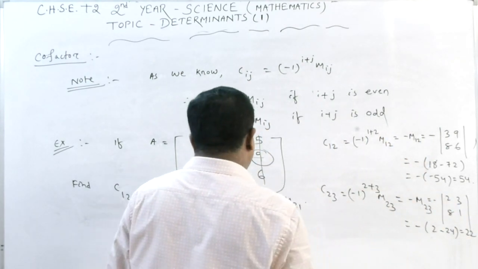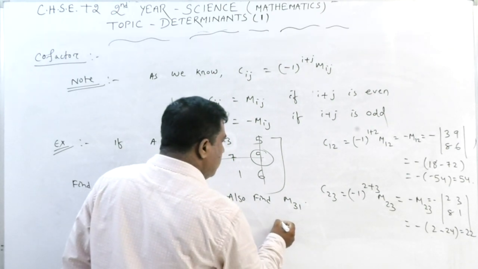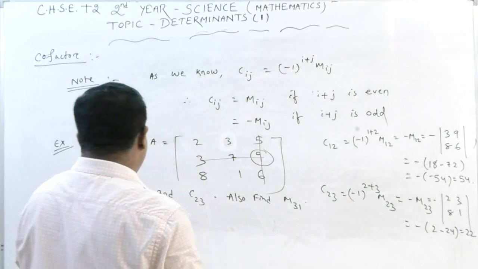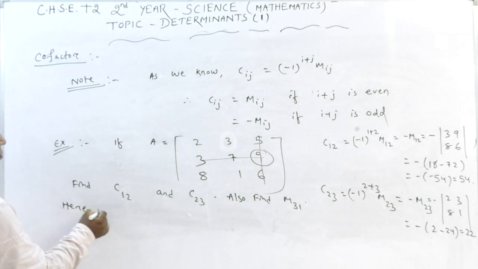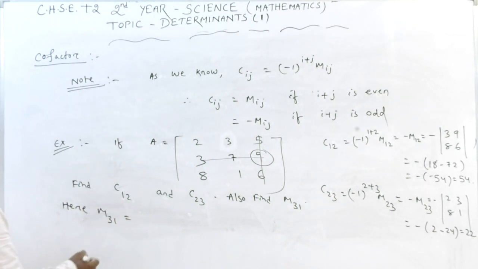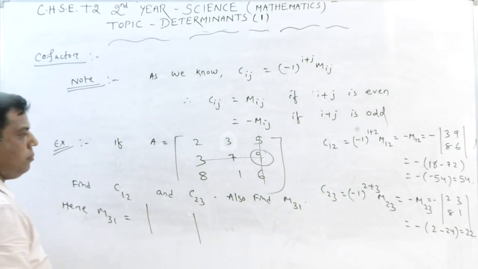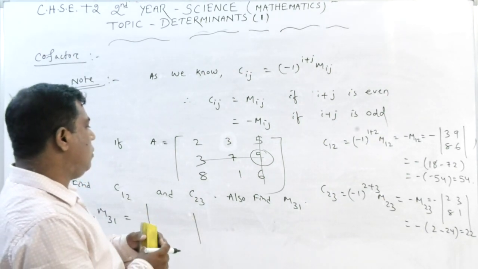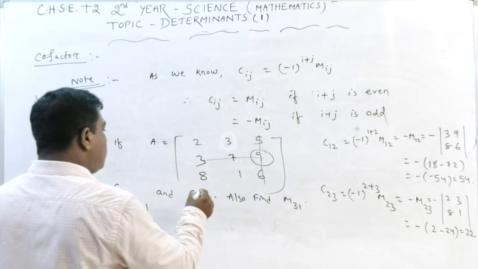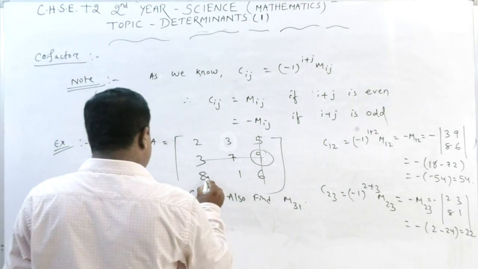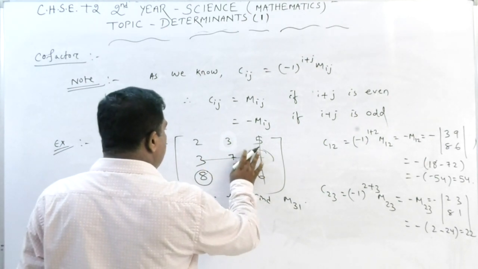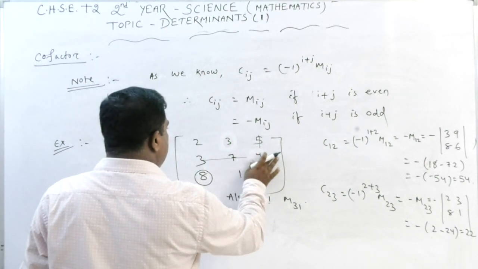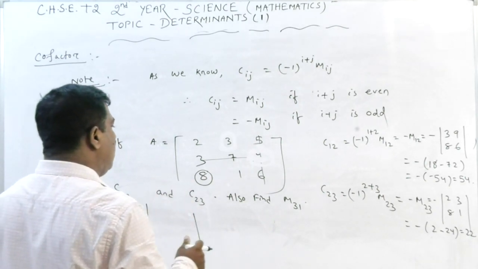And M31, for your information, we are going to find M31. Here M31 is the minor of the element present in third row and first column, which is 8. We have to find the minor of this quantity by leaving the row and the column where it is present.